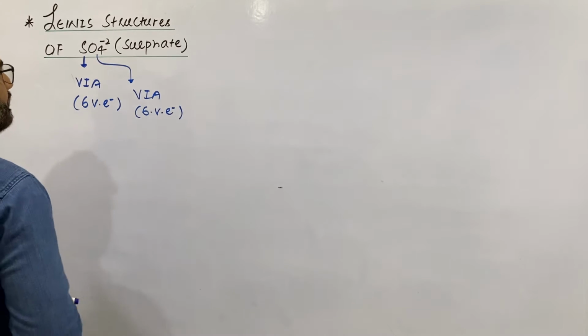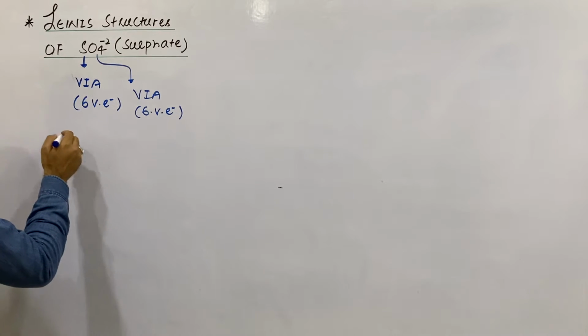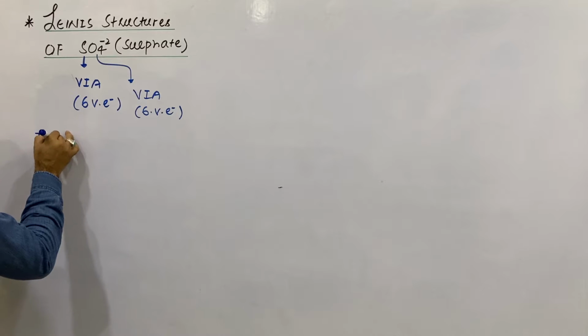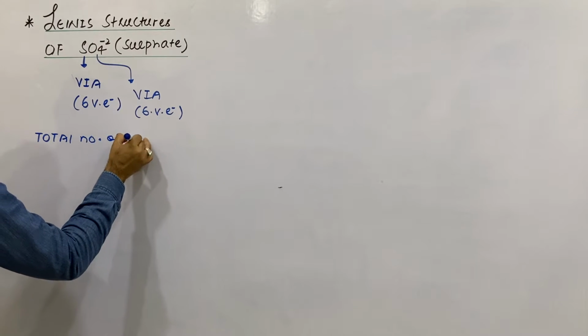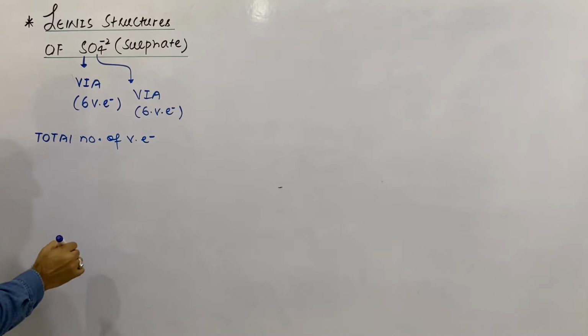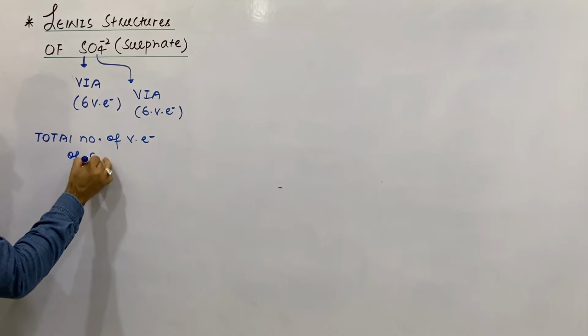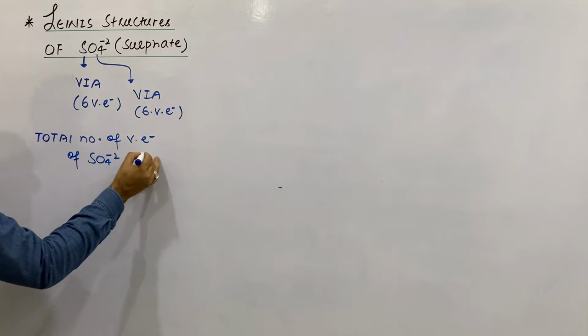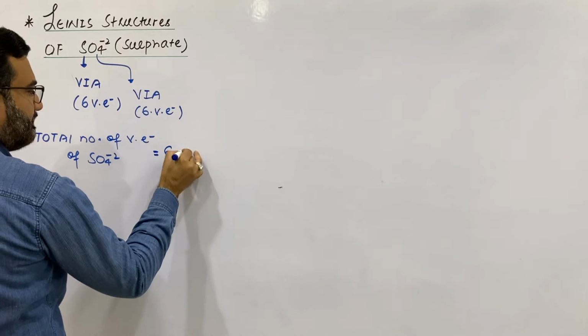In order to write down the Lewis structure of any molecular ion, first of all, you will have to calculate the total number of valence electrons in that molecule. So the total number of valence electrons of SO4 2-: there is one sulfur which has 6 valence electrons.